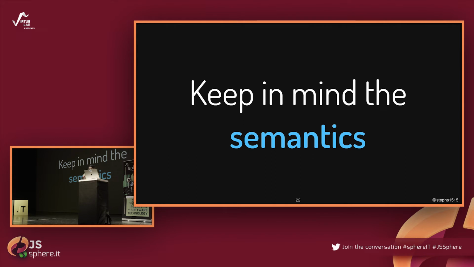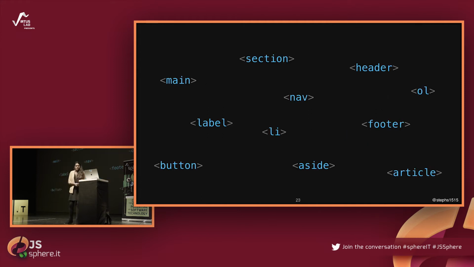HTML provides us with a lot of different tools that we can use for our elements. There are a lot of tags out there, like header, if you have a header, or nav for navigation, or maybe you want a button. And then you decide to do a div.